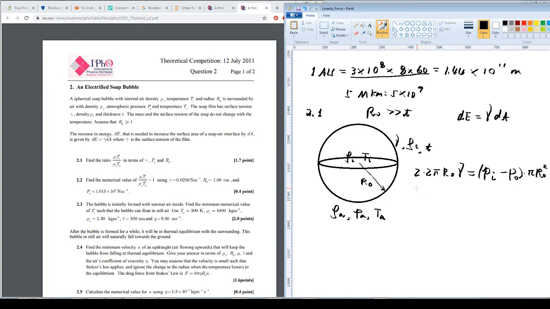The second equation comes from the ideal gas law. The pressure inside, because we need the pressure inside to solve the dynamics equation, is given by PV equals nRT.